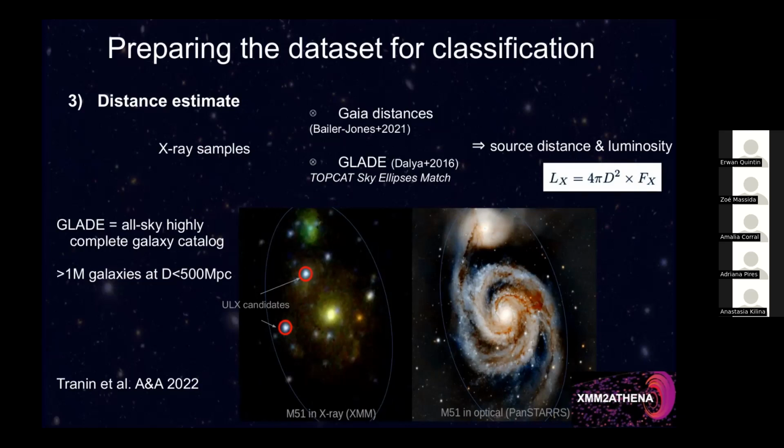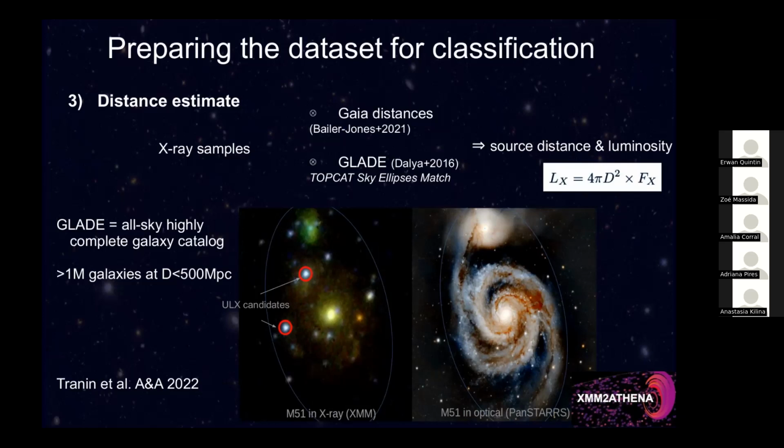Then, to add more value to the catalog, for example to compute physical quantities such as the X-ray luminosity, you need to know the distance of the counterpart. For galactic sources, this can be the Gaia inferred distances. For extragalactic sources in nearby galaxies, you can cross-match with a catalog of galaxies.